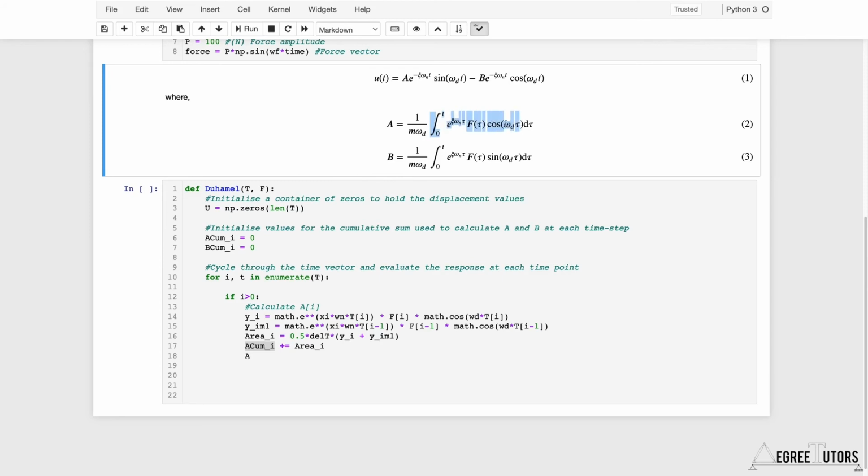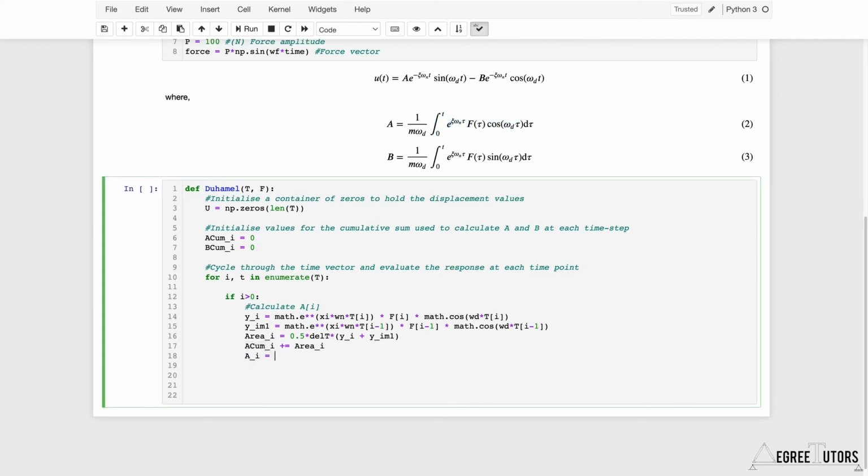But don't forget, to actually get the value of A, we've got to multiply by 1 over m omega_d, and that's what we're doing now. So we're going to say A_i is equal to 1 over m times omega_d times A_cumulative_i. Okay, so let's put in some notes here just so that it's clear what we've done.